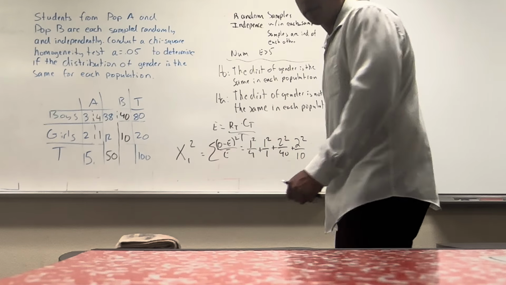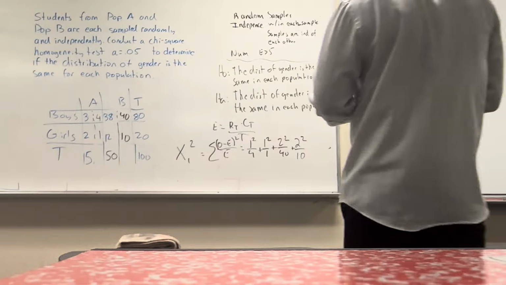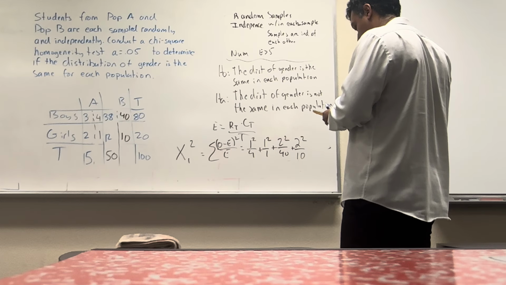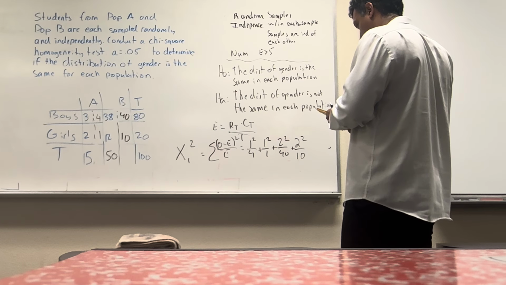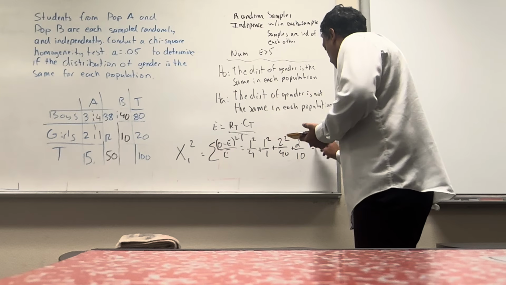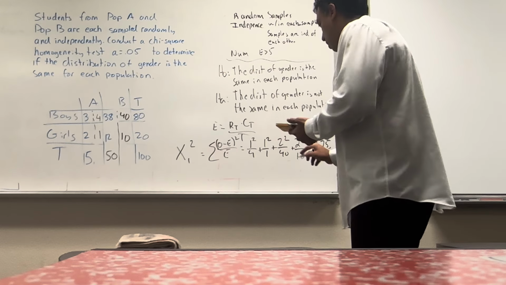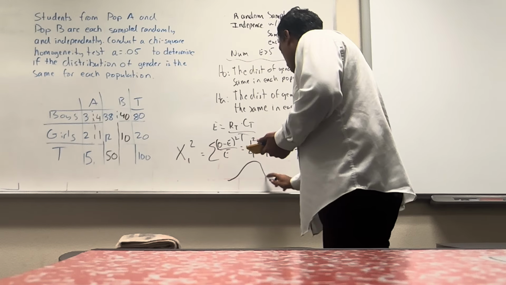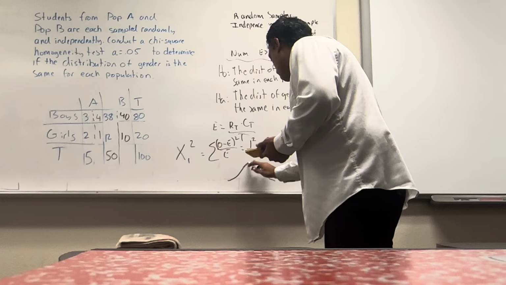Now we use our calculator, okay? Just use your calculator, so I get 1/4 plus 1 plus 4/40 plus 4/10. So I get 1.75. So now I'm gonna go to my, right? My chi-square is skewed.